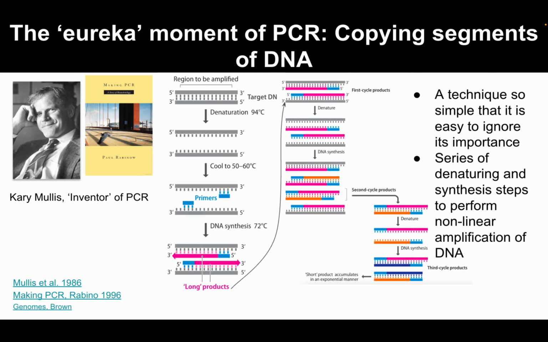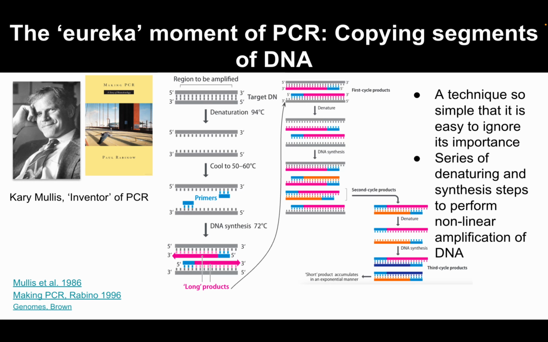From one copy of DNA, once it finishes one round, you would have already made 2 copies. And you keep repeating the cycle again and again until you get the amount of DNA that you want. This is called the first cycle products. Gray is your original DNA, and the rest is the reverse complementary strand, which is made of entirely new sequences.